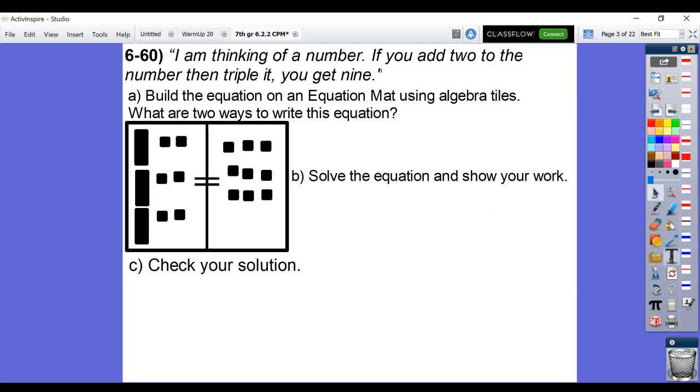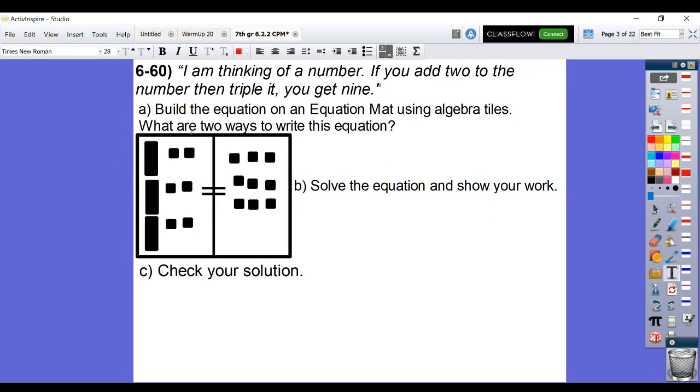All right, so there are 2 ways to write this equation. One way to write it would be to think of it as 3 groups of X plus 2. So in other words, we could write it with parentheses: 3 times the quantity X plus 2 equals 9. And we may want to make that print size a little bit smaller, so I'll do that for you.